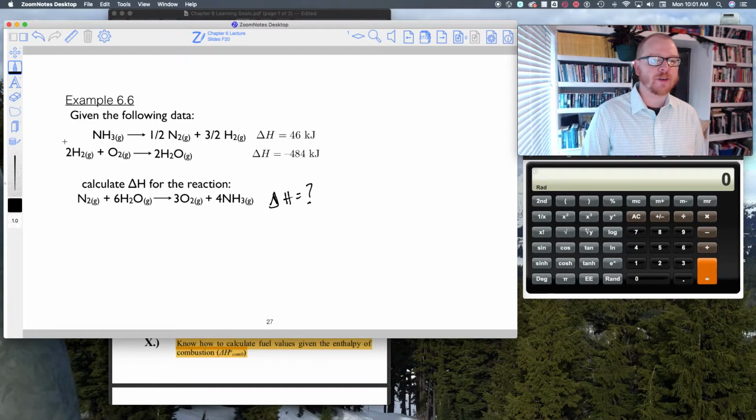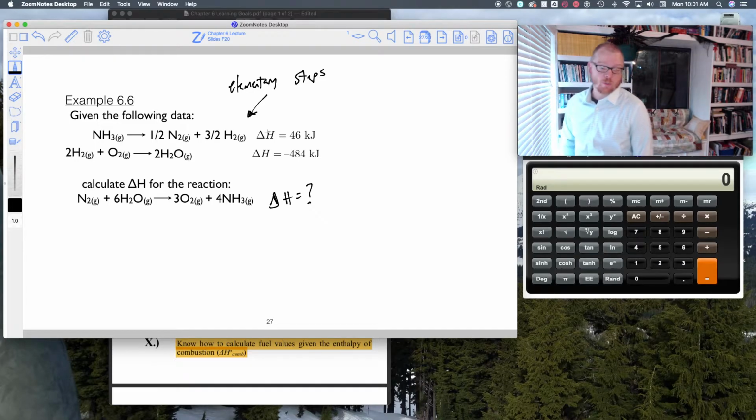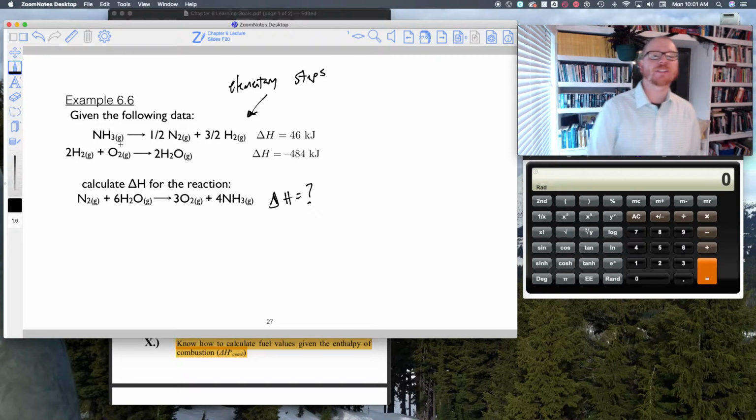But we are given these, what I'm going to call elementary steps right here. So maybe we're able to look those up in a book somewhere. And we notice that they're not quite in the order or in the stoichiometric proportions that we need. So in this exercise, I'm going to show you how we can flip things and rearrange them to add these two steps together to give us this global or observed reaction.